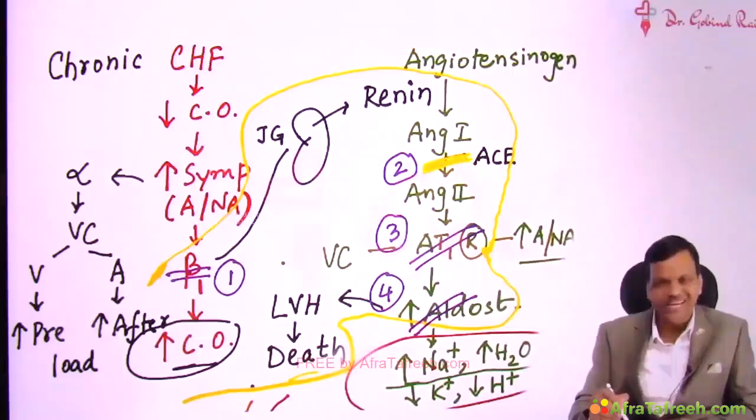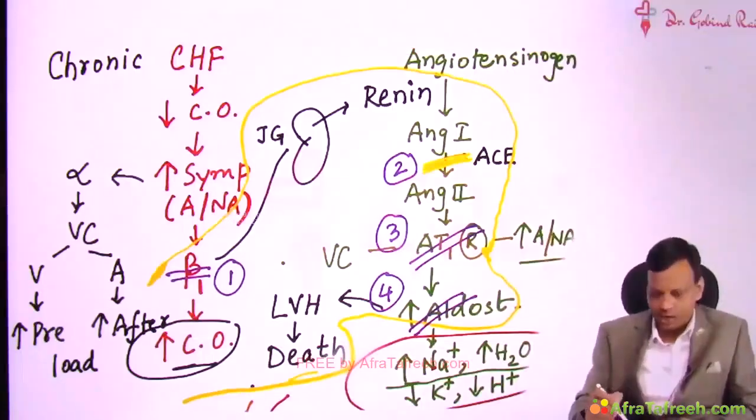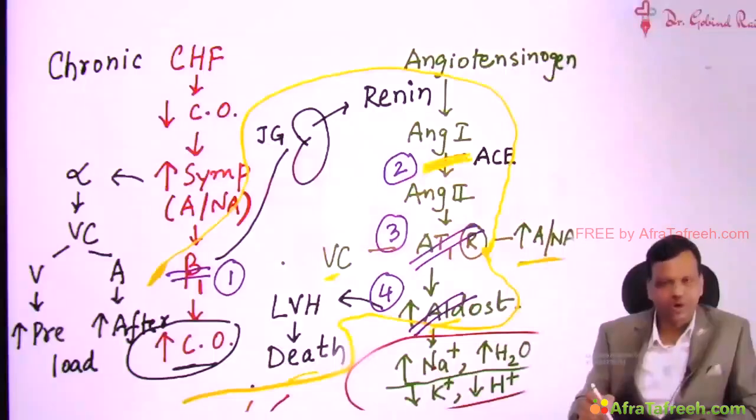That means angiotensin second is not produced. When angiotensin second is not produced, it cannot stimulate the AT1 receptors. So when AT1 receptors are not stimulated, we get mainly 3 effects. First, vasoconstriction will not occur. Second, catecholamines will not be released. And third, aldosterone will not be released. Okay? So vasoconstriction, catecholamines and aldosterone. All these 3 will stop.